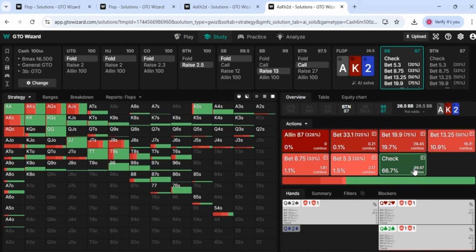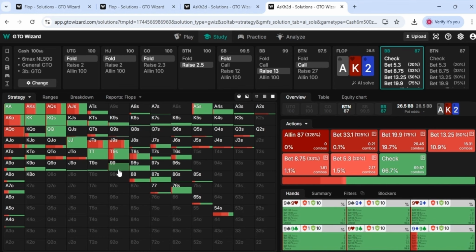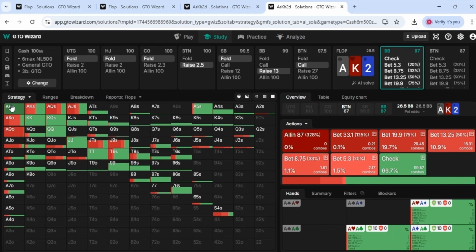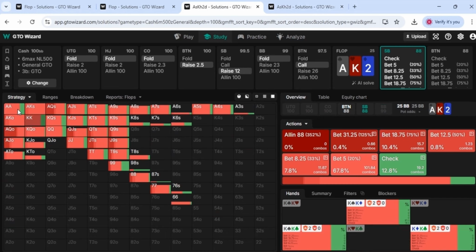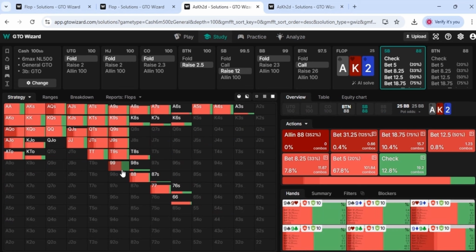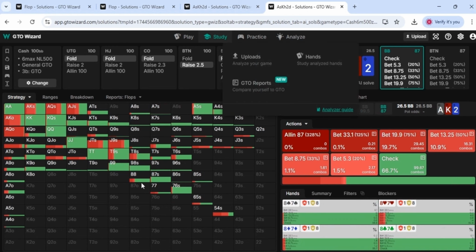Because why? Because of the pre-flop range composition. Hands like aces, kings, queens, jacks, 10s, and 9s almost never want to bet on the flop. Conversely, hands like aces, kings, queens, jacks, 10s, and 9s mostly want to bet on the flop. So huge difference in strategy.